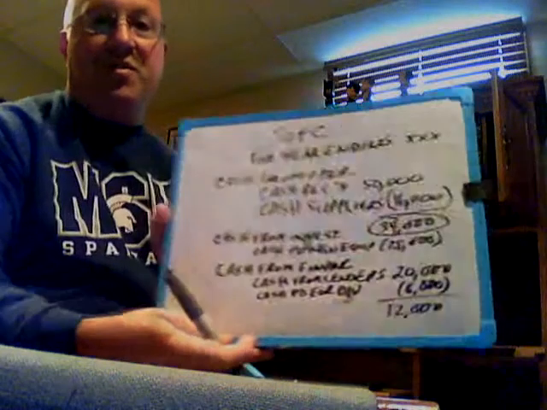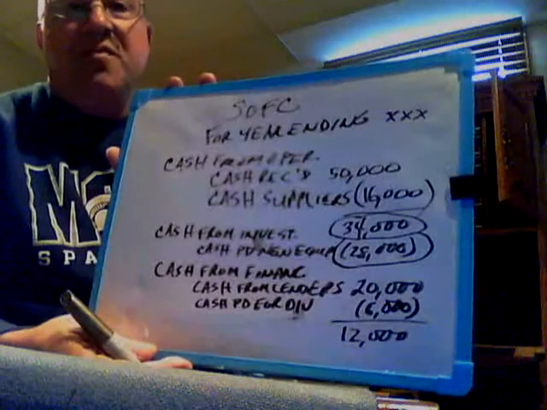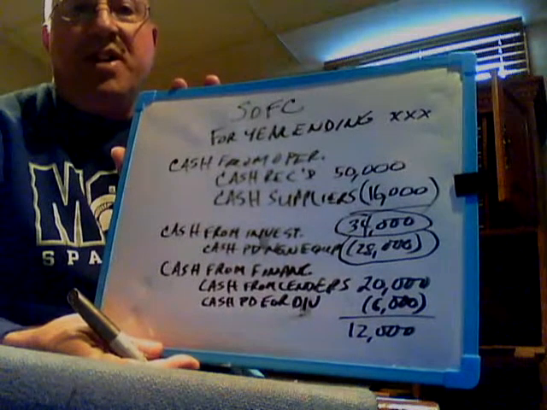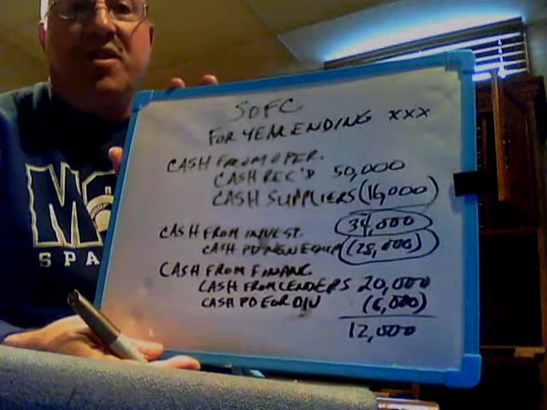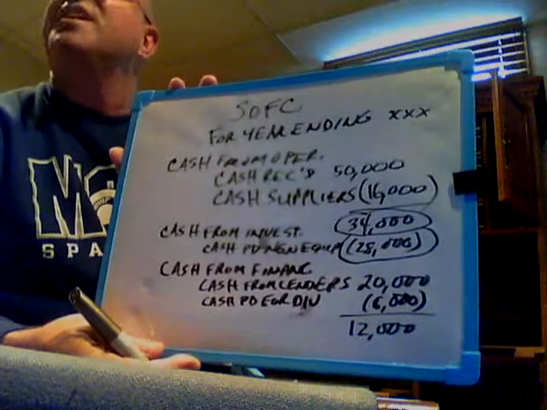Operating activities, we had the two items that netted to a positive 34,000, or an increase in 34,000. For the investing, we just had the one item, and that was a negative 28,000. And then from financing, we had the two items, the cash from the lenders and the cash paid out for dividends, which resulted in an increase of 12.